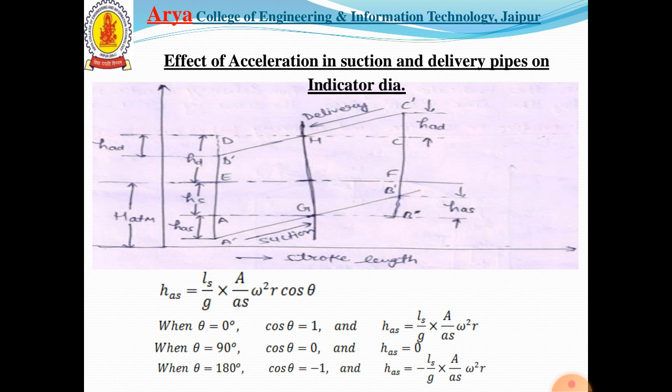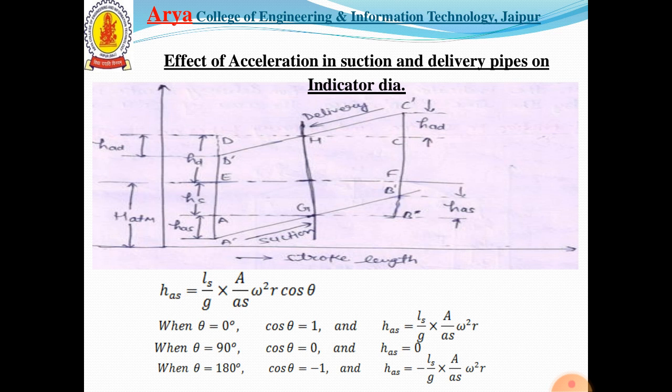Similarly, the indicated diagram for the delivery stroke can be drawn. At the beginning of the delivery stroke, HAD is positive, and hence the pressure head in the cylinder will be HD minus HAD above the atmospheric pressure head. At the middle of the delivery stroke, HAD equals 0, hence the pressure head in the cylinder is equal to HD above the atmospheric pressure head.